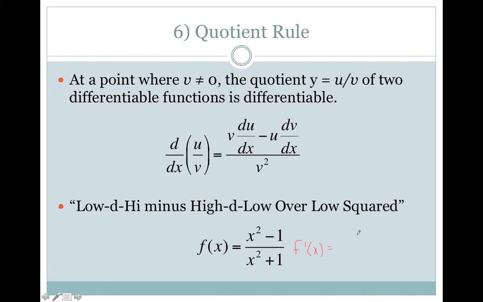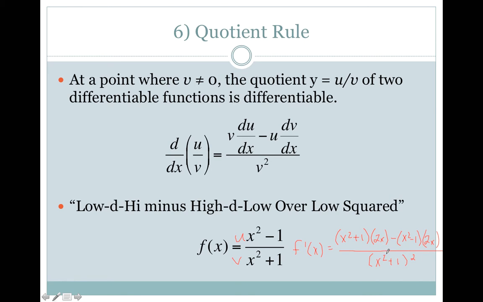I know we're rushing through this a little bit, but I think we can find the derivative of this pretty quickly using this newfound rule of ours. The denominator here is x squared plus 1, and if you think about this as a v and a u, x squared plus 1 times the derivative of the top, well, that's 2x, minus the top function, x squared minus 1, times the derivative of the bottom, which is 2x, all over the bottom function squared.